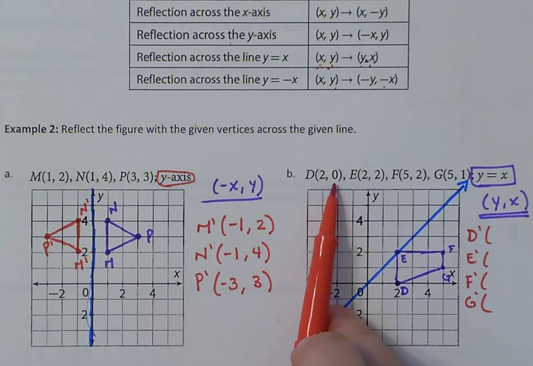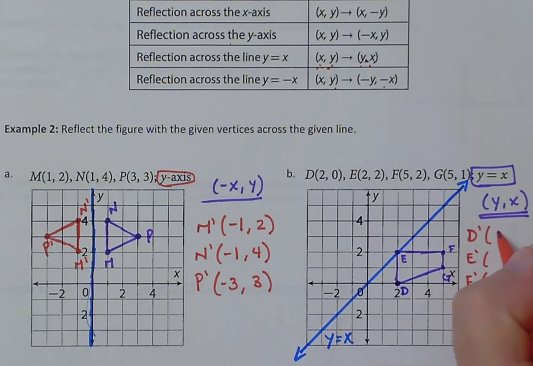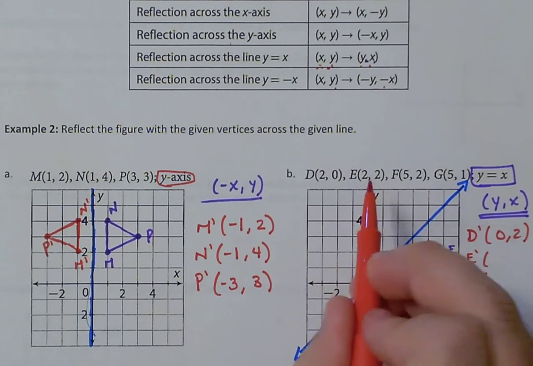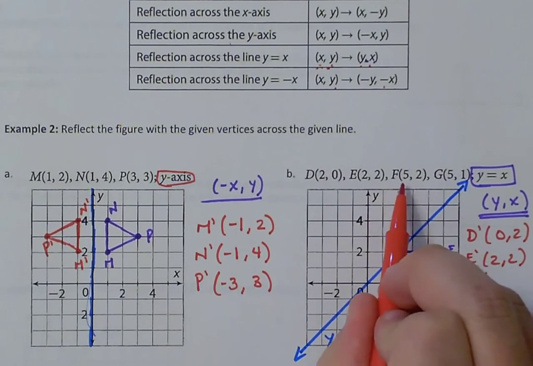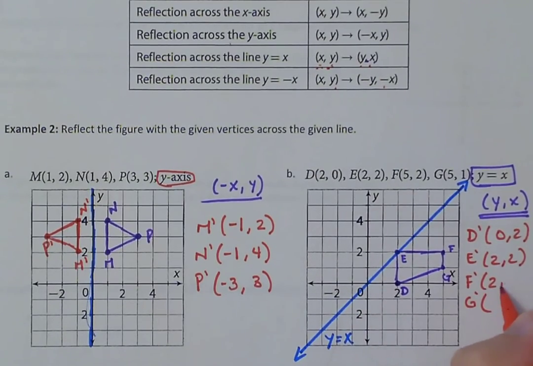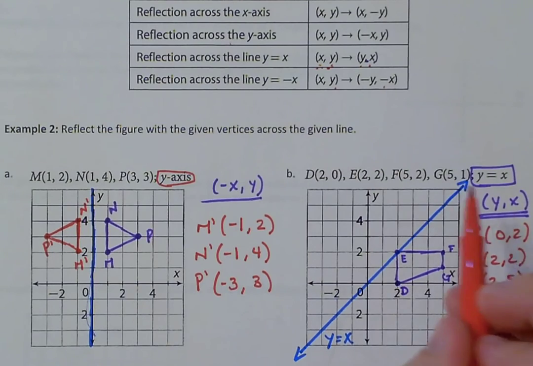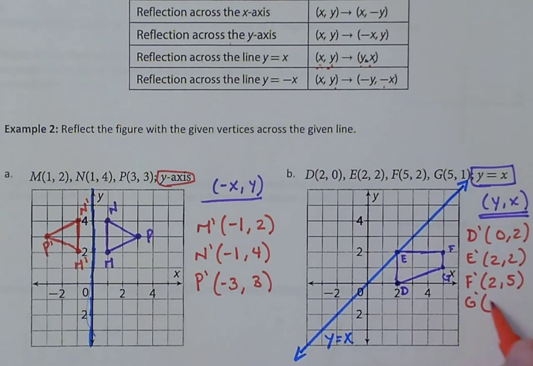So 2, 0 goes to 0, 2, 2, 2 changes to 2, 2, 5, 2 changes to 2, 5, and then 5, 1 changes to 1, 5.